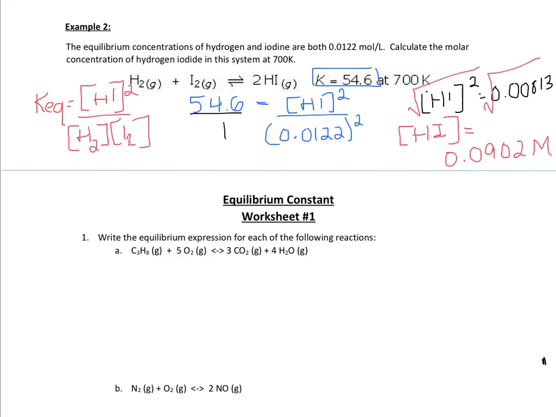Since we're solving for concentration here, we must remember to include our units. Additionally, the original number 0.0122 as well as 54.6 both have 3 significant figures, so my answer will also have 3 significant figures as well. I strongly encourage that you practice both example 1 and example 2 by completing the worksheet that follows.